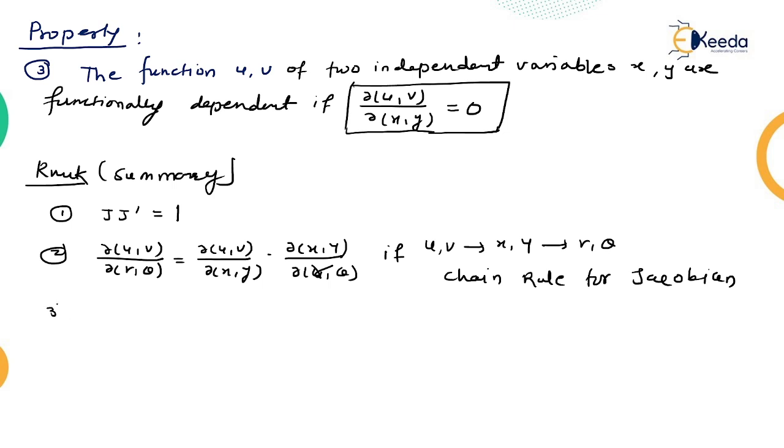Next, the third property: the functions u and v are said to be functionally dependent.